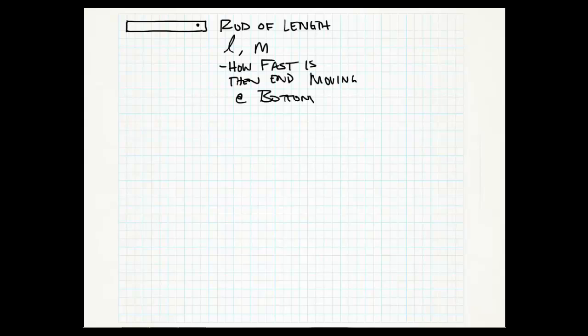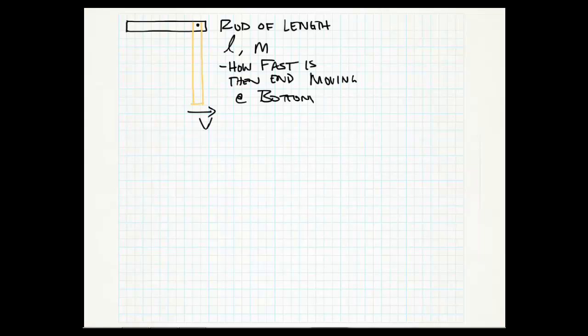So when we drop the rod, it's going to fall down like this. I know that's kind of hard to see, and it's going to be moving with some velocity.